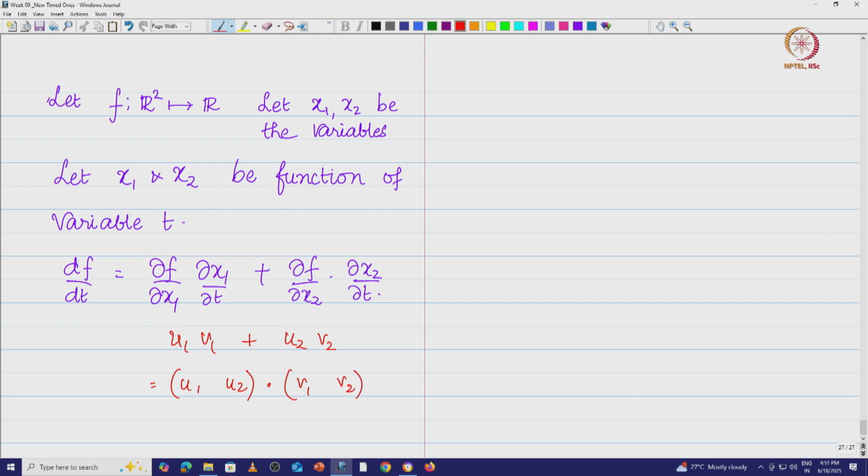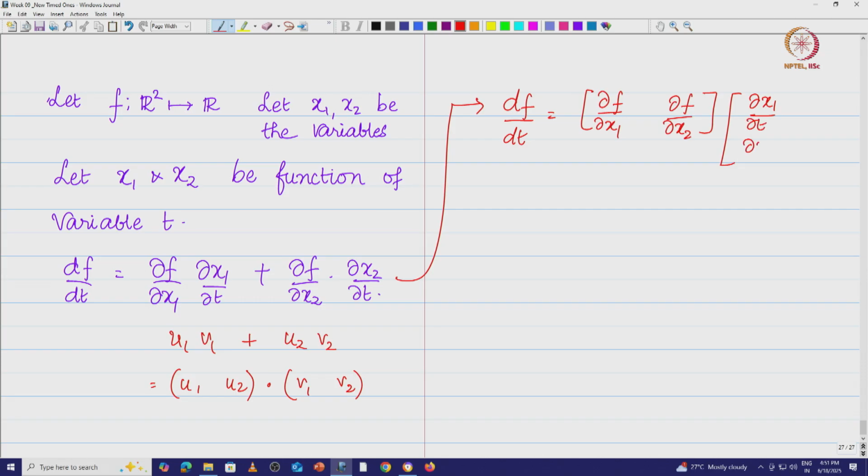So, we are going to express this as df by dt is equal to the partial derivatives of the function f with respect to x1 and x2, basically your gradient, into dou x1 by dou t and dou x2 by dou t. We brought this in as a matrix product, a dot product of two vectors.